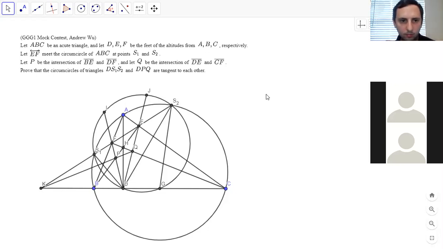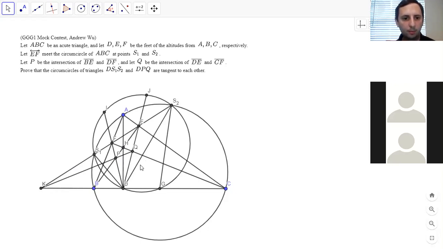Michael, I have a solution, but it's a little bit complicated. Okay. So we have a lemma that if we call the 9-point circle center L, then IL is perpendicular to PQ.